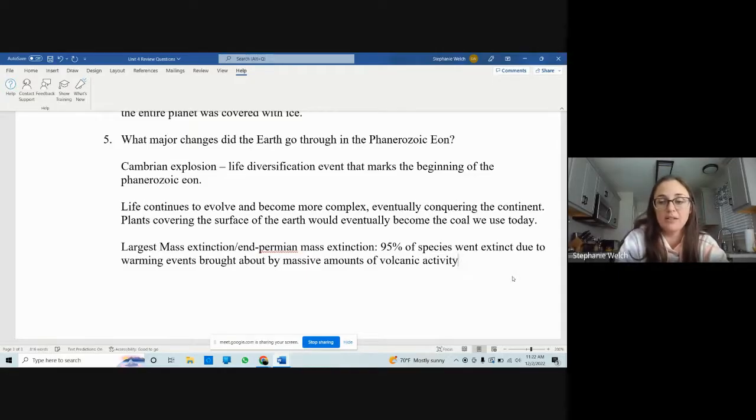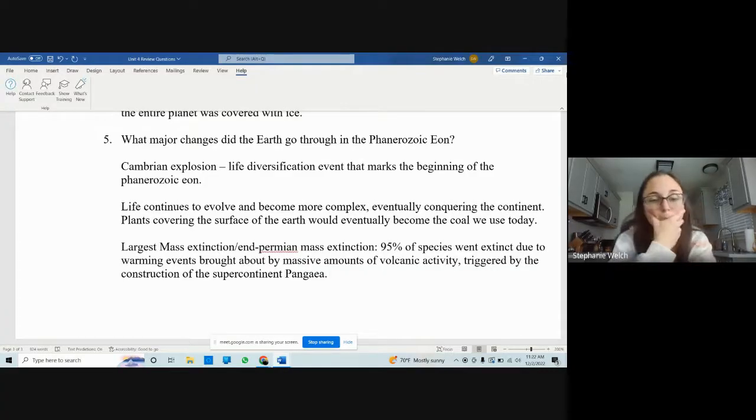This volcanic activity was probably triggered by the construction of supercontinent Pangaea. Again, to sort of paint this broad picture here, you have all this great stuff going on with the evolution of life, both in the oceans and on the continents.